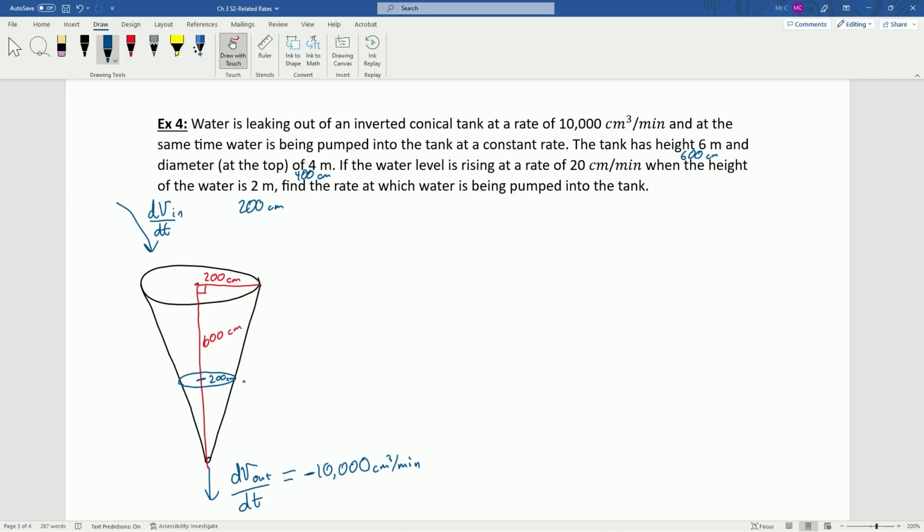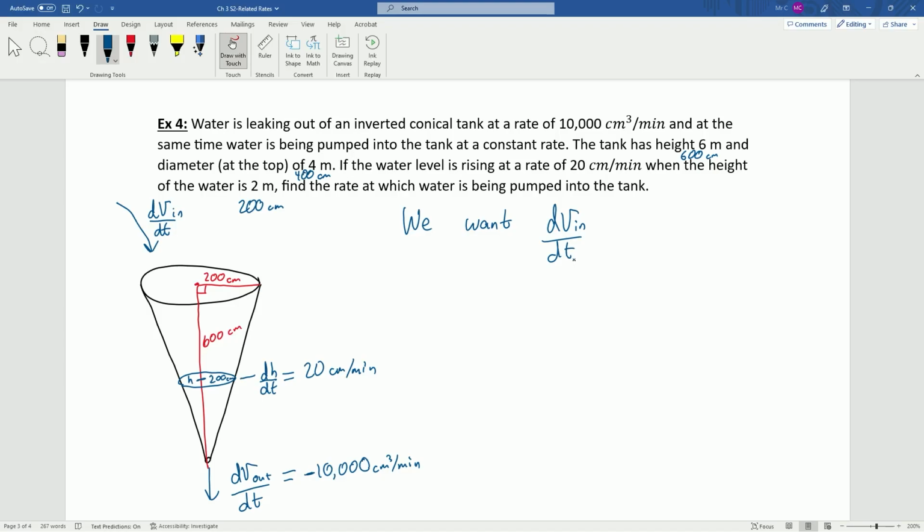And what we're saying is that at this moment, the change in height, the water level, is 20 centimeters per minute. What do we want to find? The rate at which water is being pumped into the tank. So we want dV in dt.